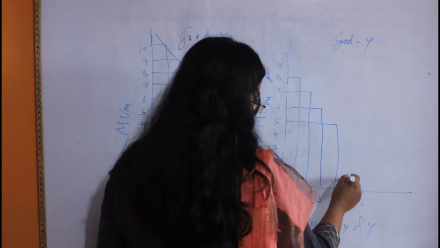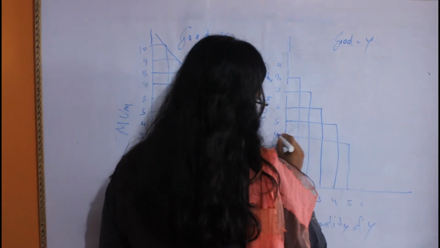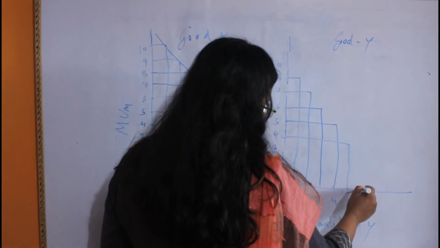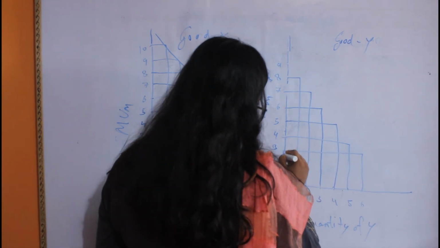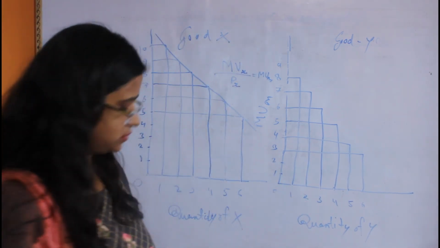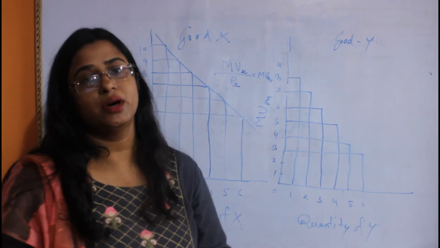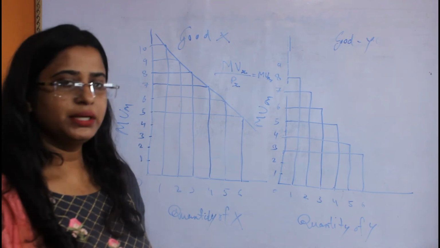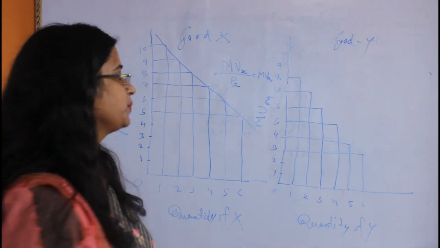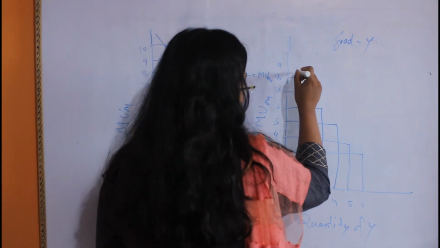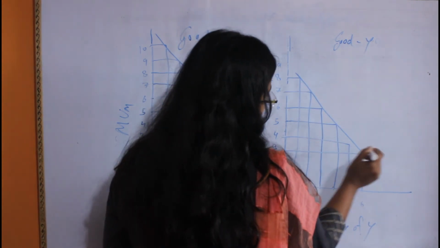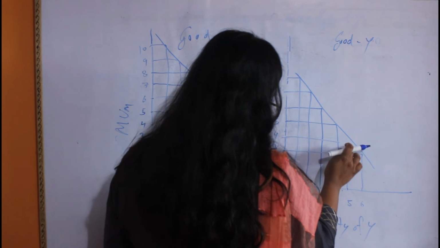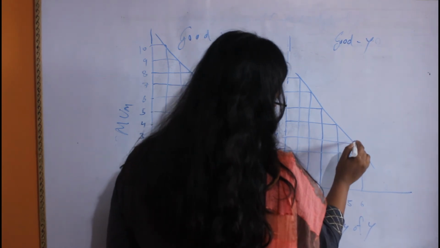Fifth unit of commodity Y gives 4 units of marginal utility of money, and the sixth unit gives 3 units. We will derive a linear function.